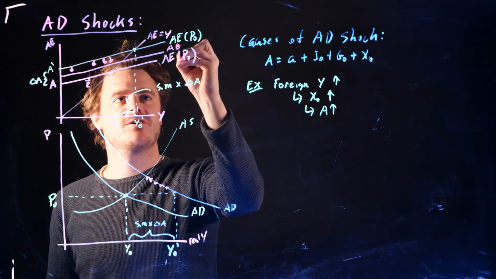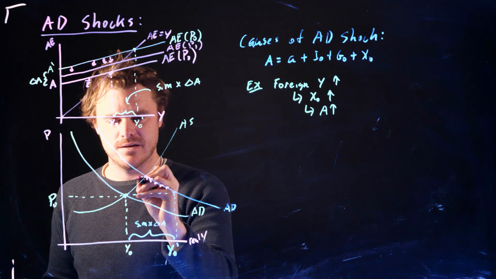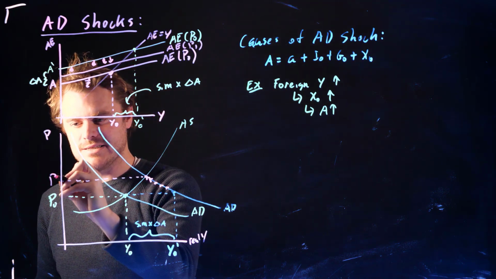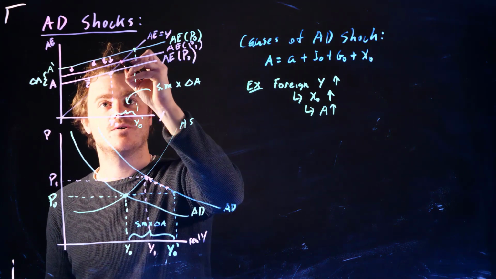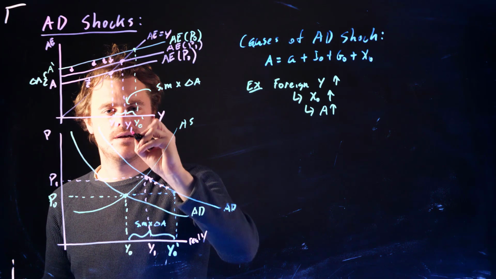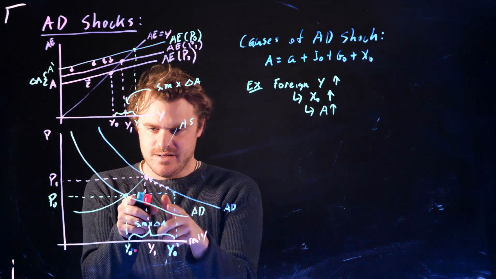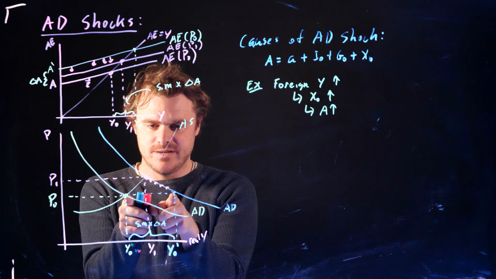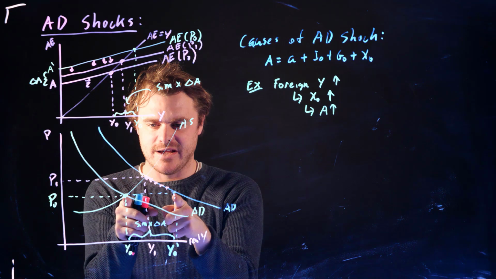So it's getting a little bit crowded here, but A0, but it's a function of P1. It's going to stop when we get to P1 and Y1, and that corresponds with P1 and Y1.